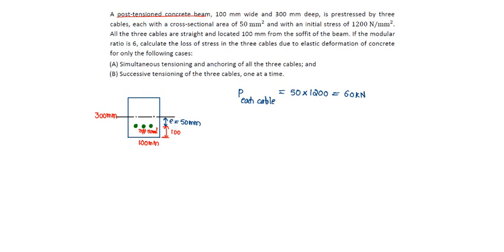Whereas stress in concrete at the level of the steel will be equal to P by A plus PE by I into Y. Here Y and E will be equal, that is 50 mm.